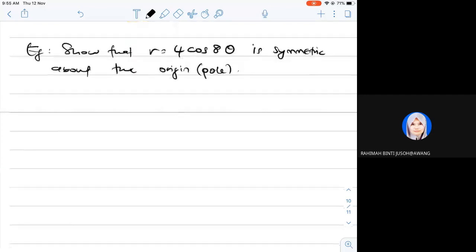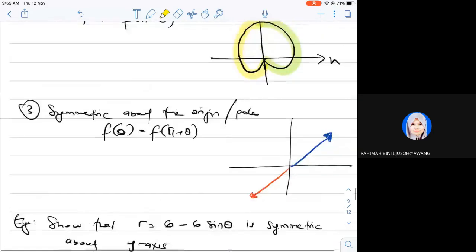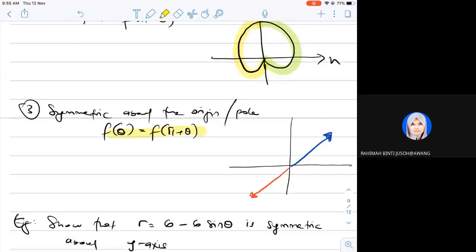So first we let f theta equals 4 cos 8 theta. And then we need to find f pi plus theta, because this is the formula of origin. Mana tadi? Ni.